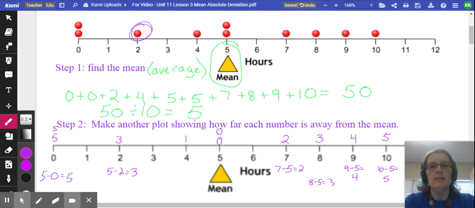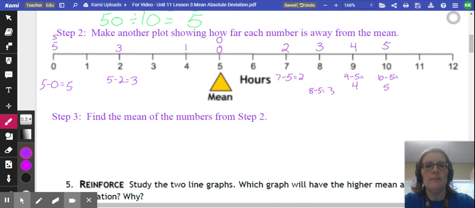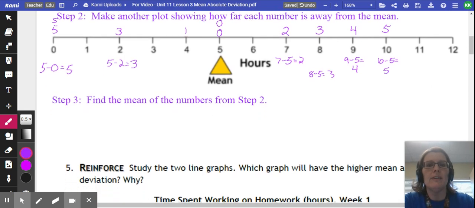So step 1, we found the mean of the data. Step 2, we made another plot to organize our numbers, because our next step is to find the average of how far away each number is from the mean.